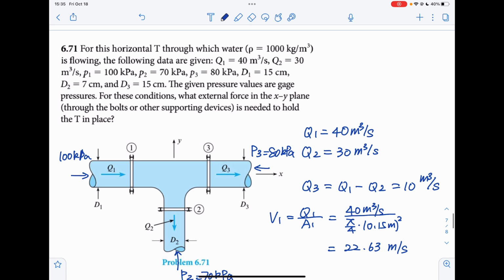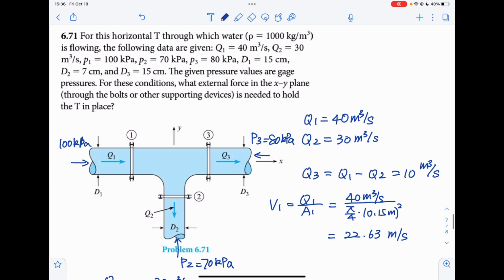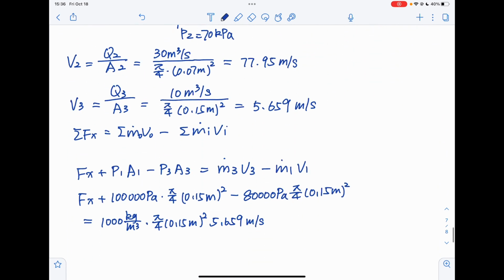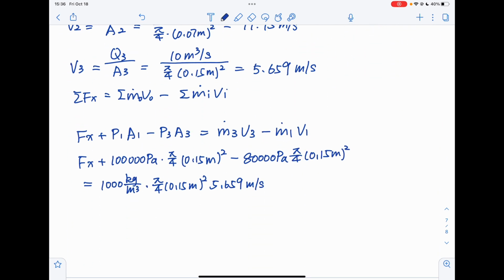Because M3 is in the positive x direction, it's positive, and the same for M1 here.